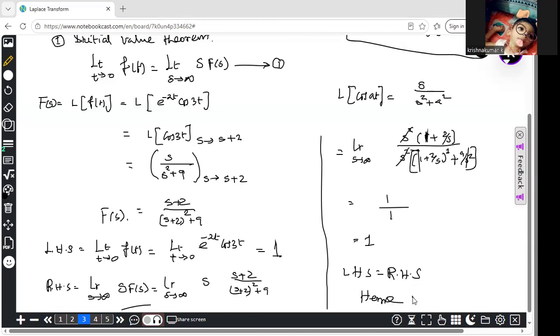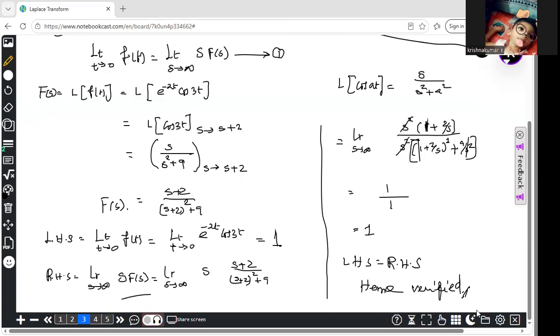Okay, hence verified. Sometimes they will ask questions from this type of problem, so you just look at this. Next, we have to verify the final value theorem for the same function, because we have to verify both results, that means the final value theorem as well as the initial value theorem for this given function.